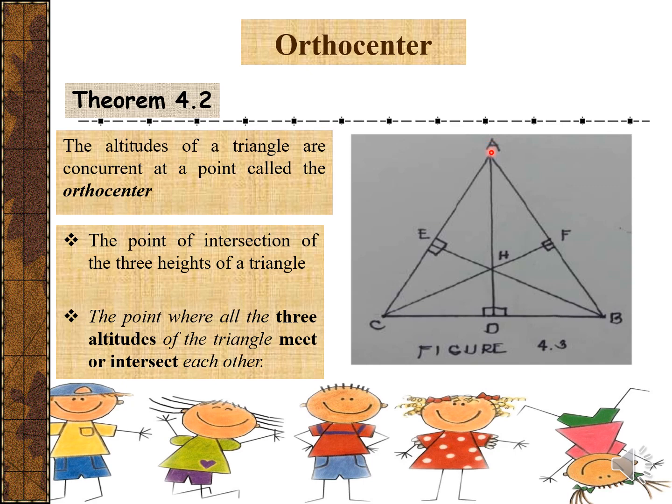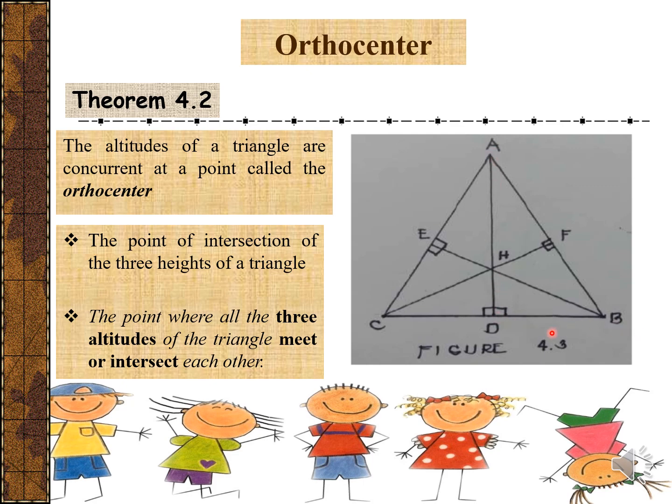This is the point A, the point B, the point C, and the point H. If you draw the lines, they intersect at point H. The point H is the orthocenter of the triangle because it is the point where all three altitudes of the triangle intersect.